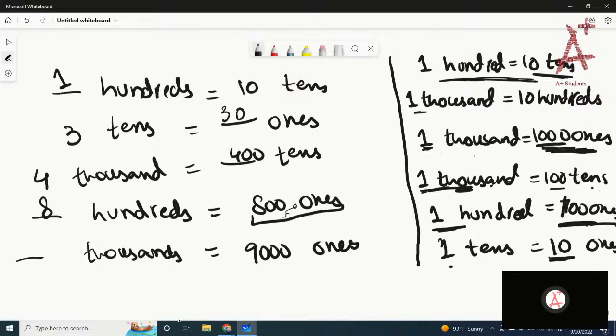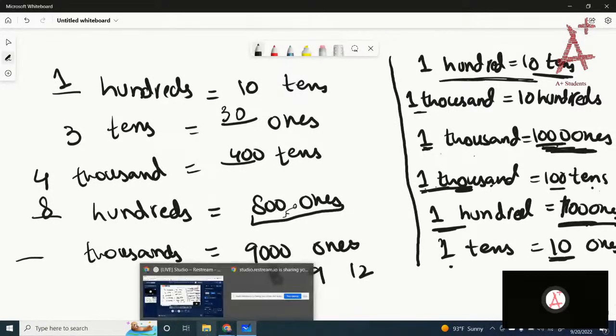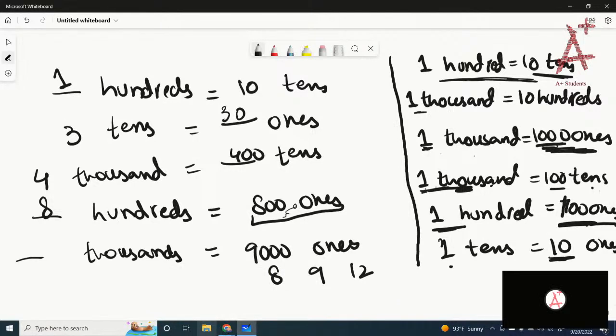So when you have 9,000 ones, how many thousands do they make? You have three options given: 8, 9 and 12. So which is the correct option? 9. They make 9 thousands. Very good. Select the correct option, click on the OK button.